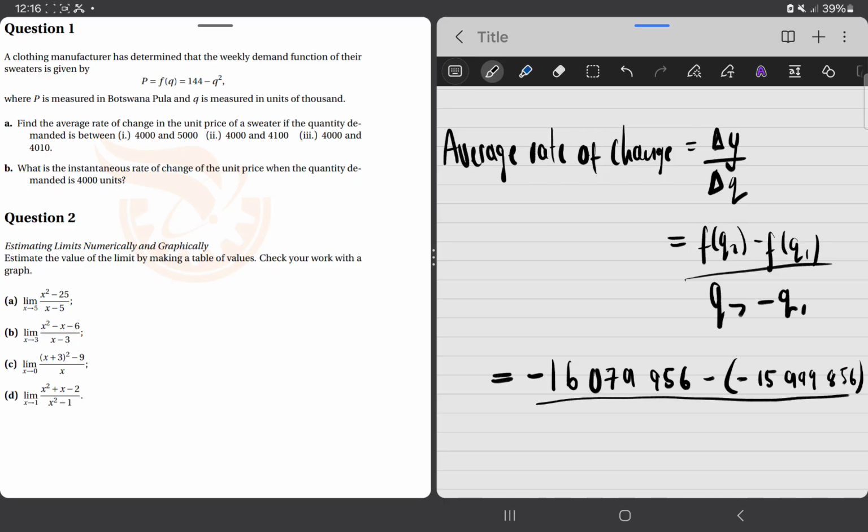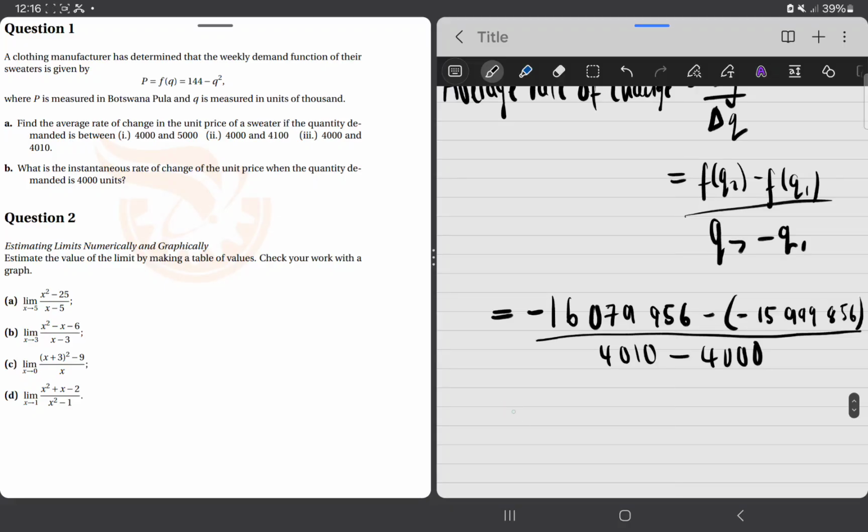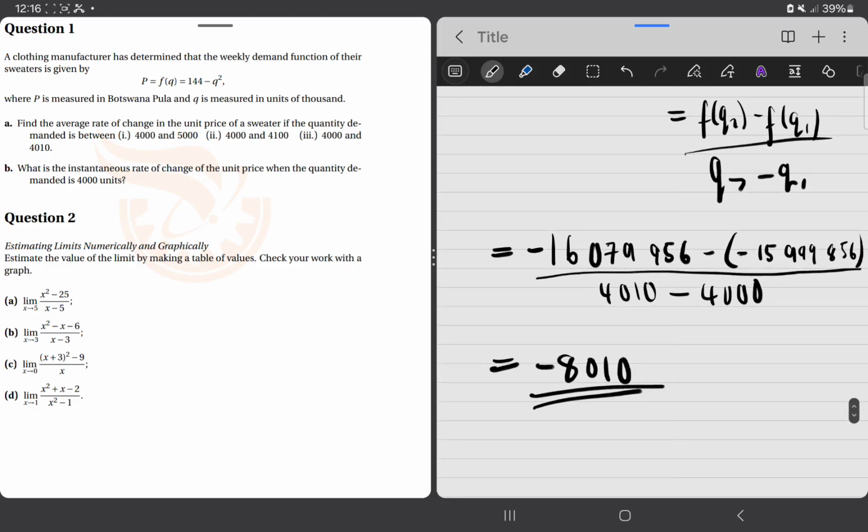Okay, and this is going to be all divided by q2, 4,010, minus q1, which is 4,000. Okay, there we go. Now what are we going to get here? We get negative 8,010. That is what we are going to get. So we have negative 8,010 is the final solution for this, and you would be done with this part.